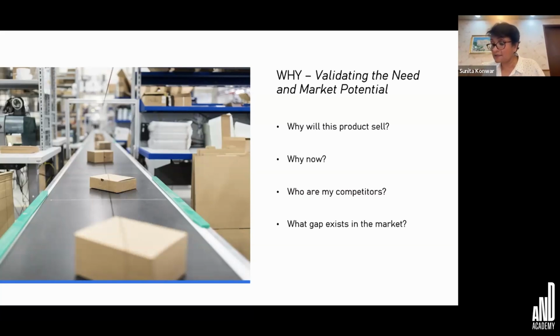Are the competitors ignoring a certain segment of the society? They are only catering to this particular segment. They are not catering to the other segment where I can enter. Are these products too expensive? I can't buy. For example, look at Zara's model.